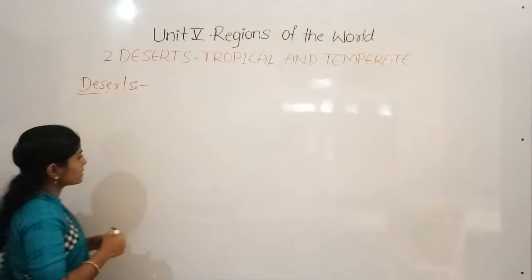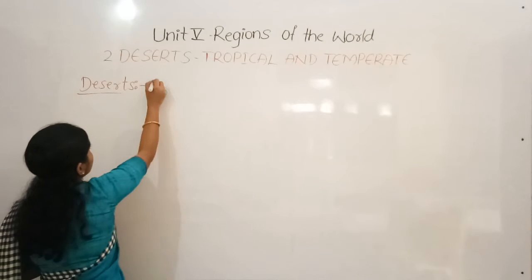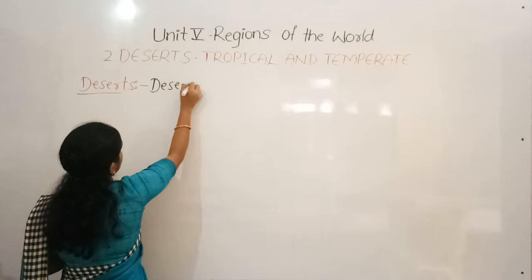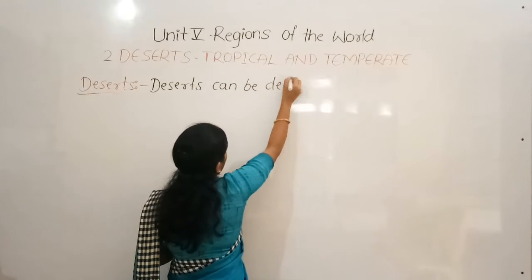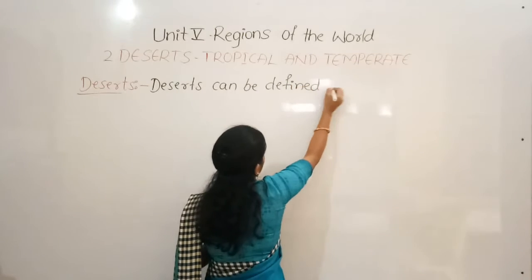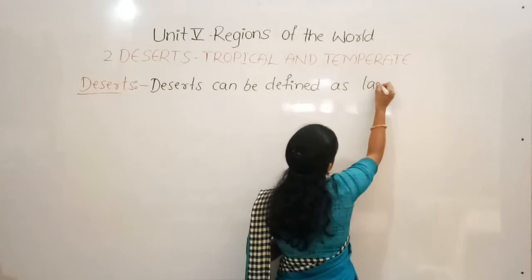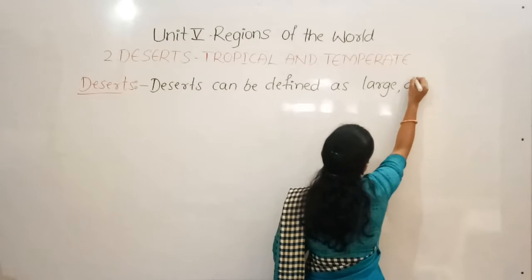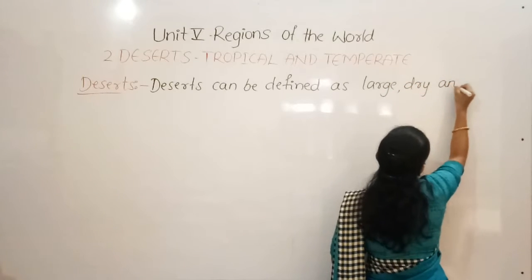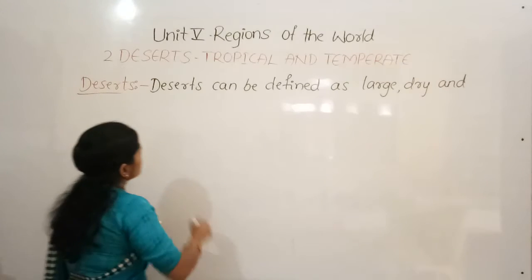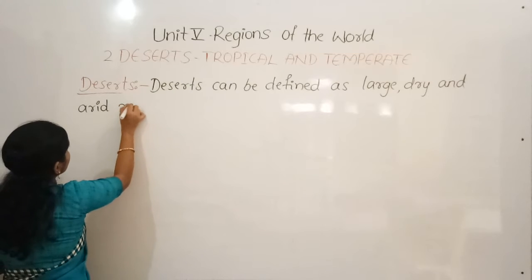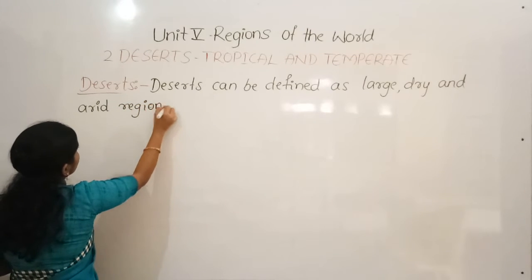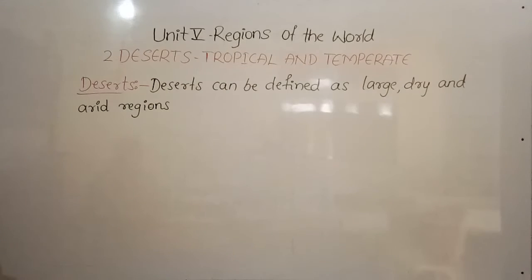So deserts can be defined as large, dry and arid regions with very poor or sparse vegetation.